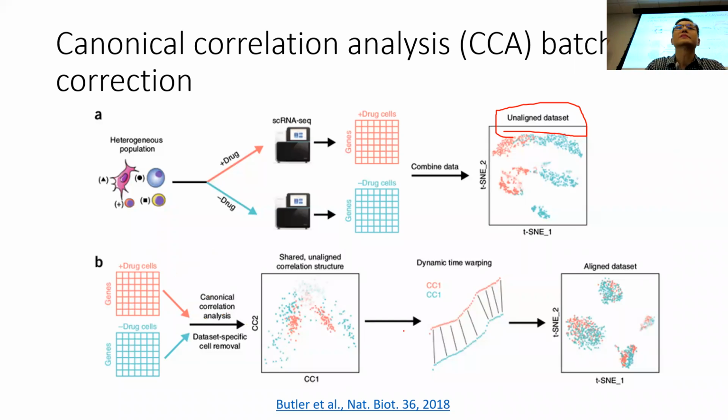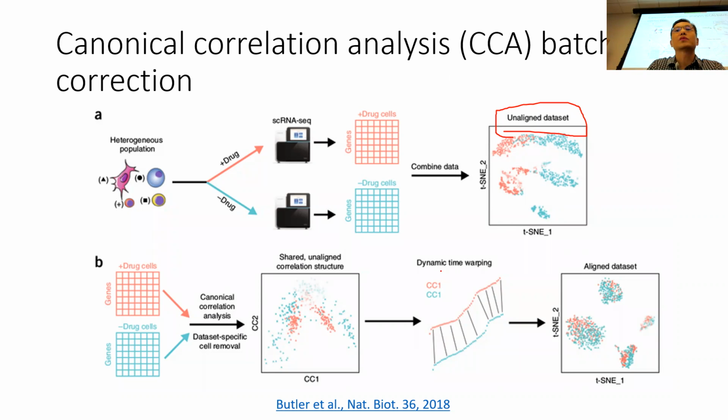Once you project them onto the shared space, you find two rotation matrices, one for batch one and another for batch two, and you rotate your data respectively, and then the shared projection will be mostly correlated.